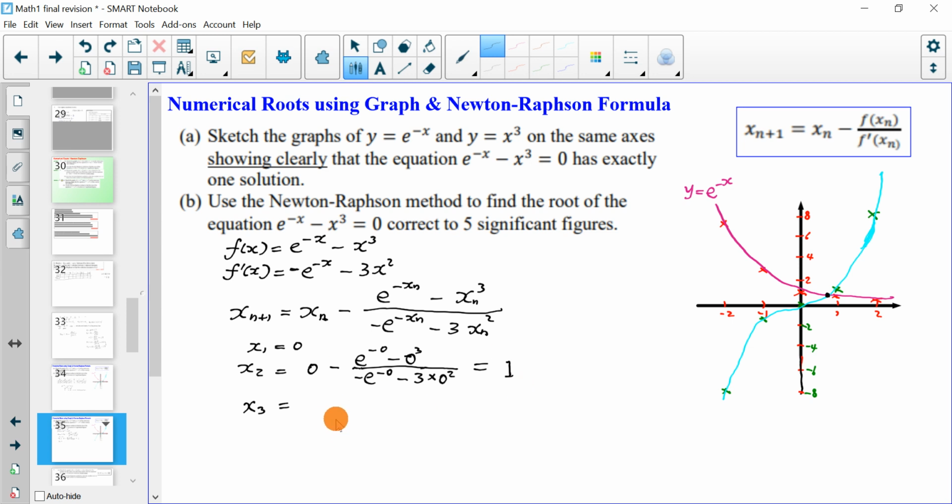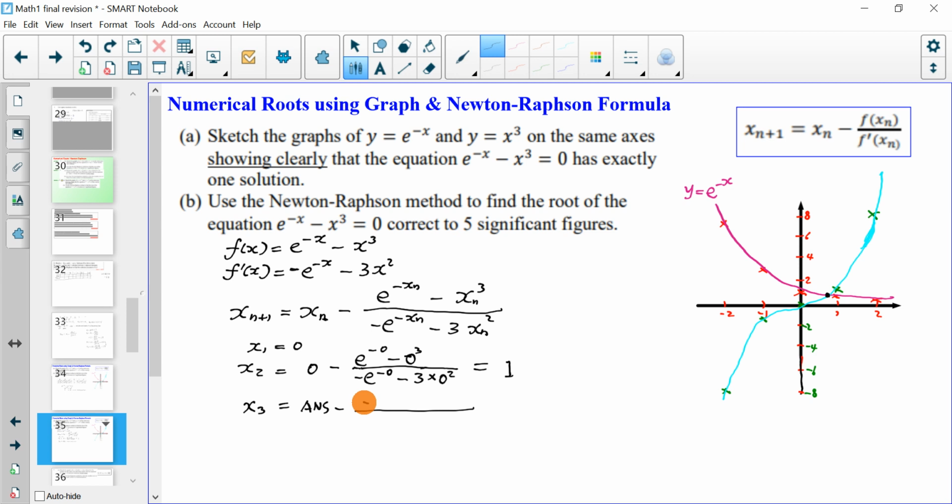But I'm not going to do that because what I want to do next is, whilst having this answer of 1 in the calculator, I will reload the same expression that I've just typed, and then instead of 0, I'm going to replace all the zeros with the answer button. So the answer button usually is next to your equal sign if you find it, and you can type that expression like so in your calculator.